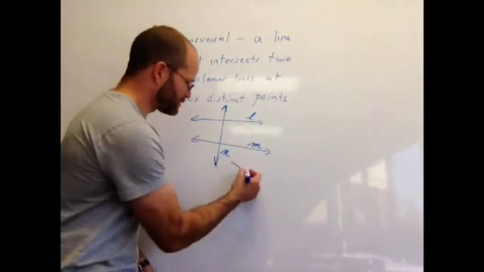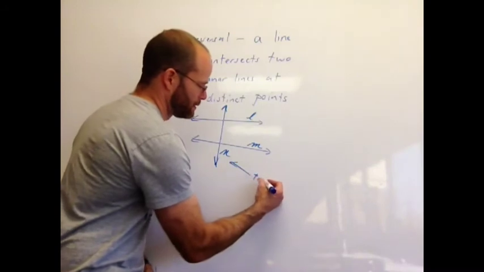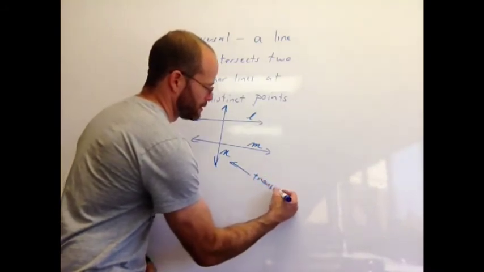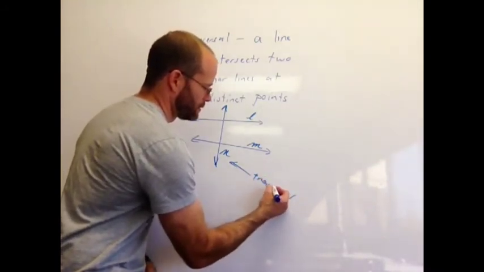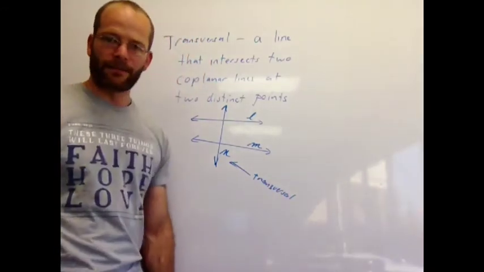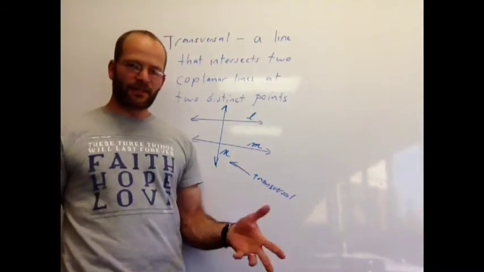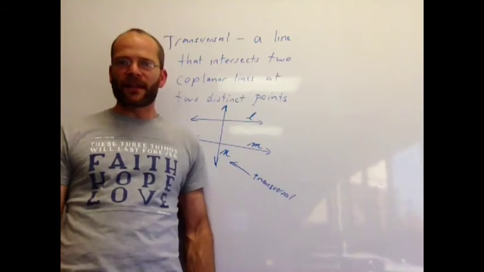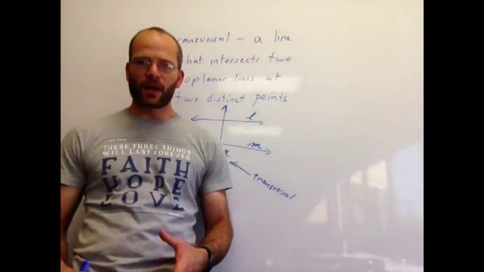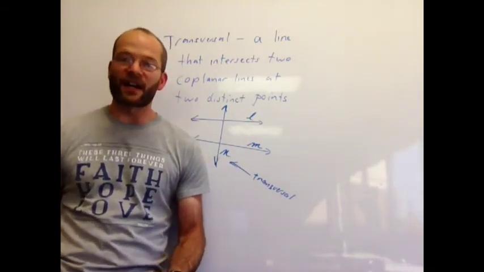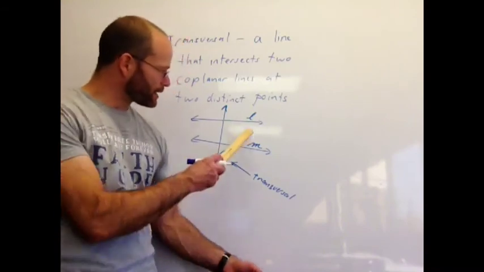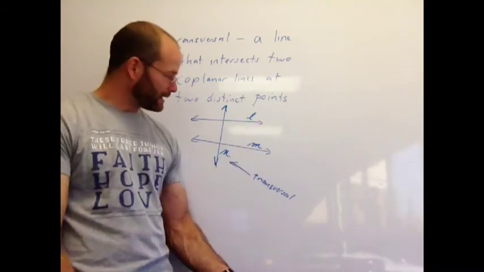That is my transversal right there, that line. Okay? Now, these turn up all over the place as well. The important thing to understand is that as we work with transversal lines, we constantly shift our focus around.